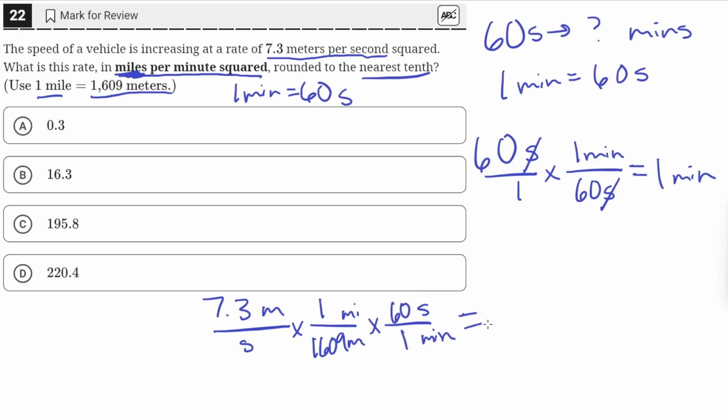Now we can cancel out all the units. Seconds cancel out with seconds. Meters cancel out with meters. And we see that the only units left are miles here and minutes here. So we know that our final answer will be in miles per minute, which is what we wanted. Then we can go ahead and simplify.